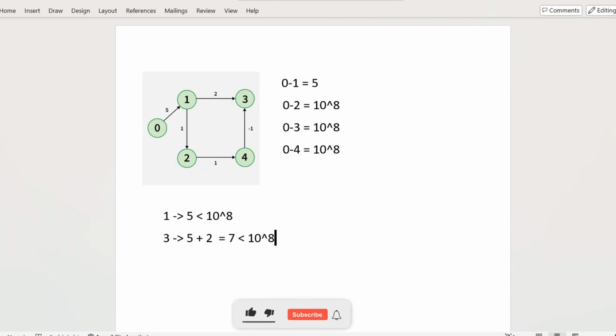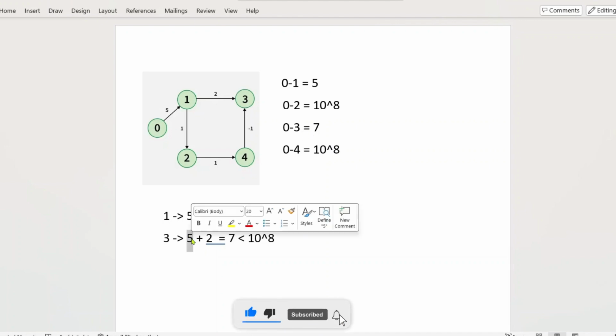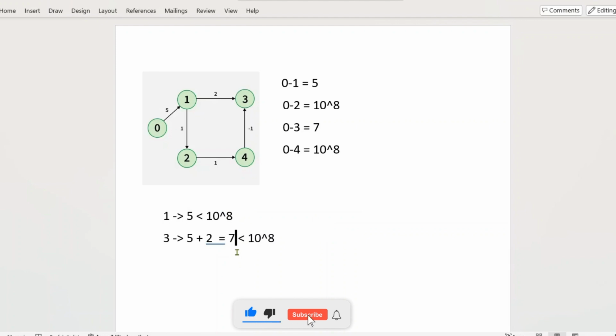So we update the value for 0 to 3, which is 7. 0 to 3 means 0 to 1 has weight 5, and then 1 to 3 is 2. So the sum is 7, which is definitely less than 10 power 8. So we update the value.